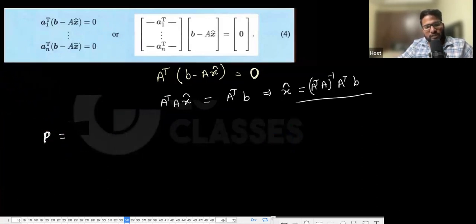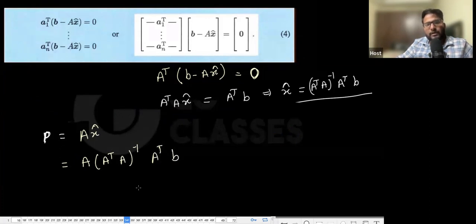No, B is not in the space. So, the projection of B will be AX cap, which is nothing but A into A transpose A inverse A transpose B, right? If this is the projection, and you want to write this projection as capital P into B, let's suppose this is small p, then what is the capital P here?